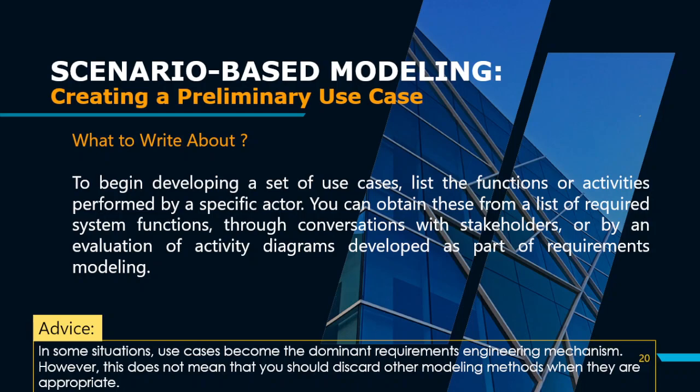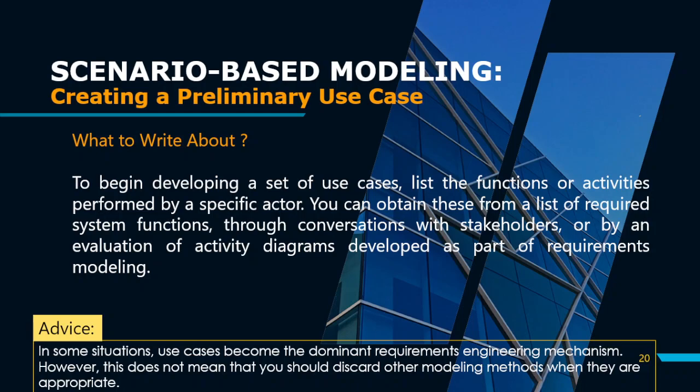Before you begin developing the set of use cases, first we need to list the functions or activities that can be performed by a specific actor. How do you obtain them? You can obtain these functions or activities from the list of required system functions, which we get from the stakeholders when we sit with them in meetings.